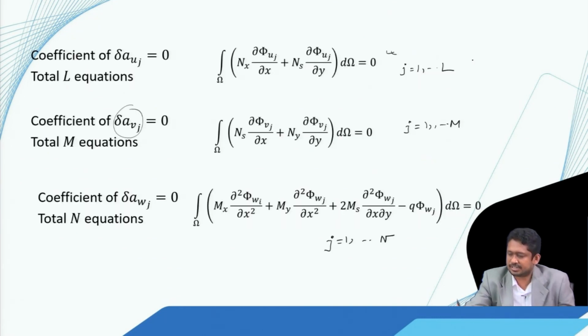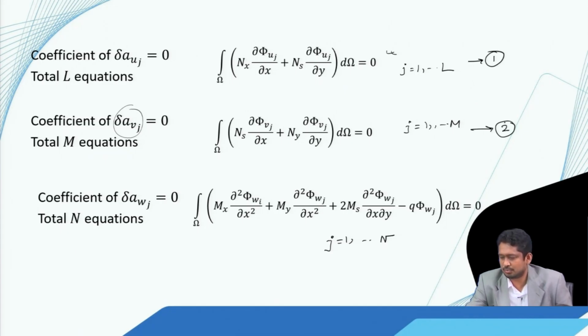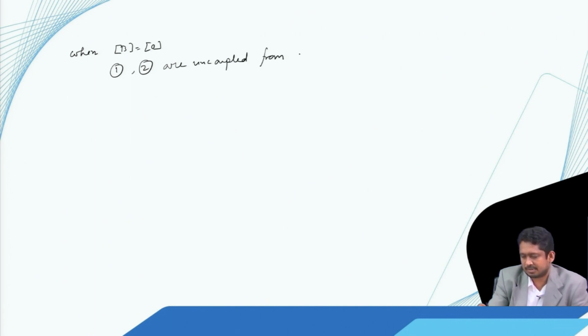Let us call it system of equations 1, system of equations 2 and system of equations 3. So when the B matrix is 0, then 1 and 2 are uncoupled from 3.